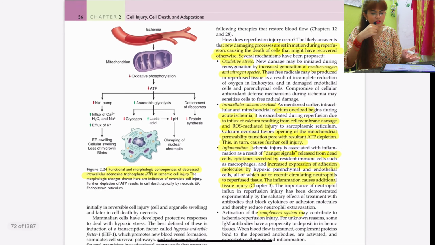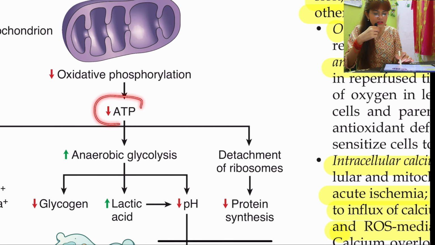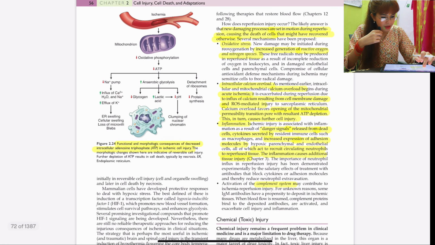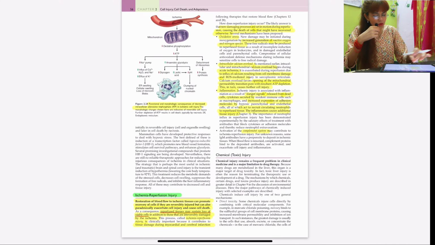All these things are actually the result of a decrease in the ATP, which is a very important mechanism. So the damage to mitochondria is causing this decrease in the ATP, and ultimately these things are vice versa. They're interconnected. I hope these are all, again, the same thing.